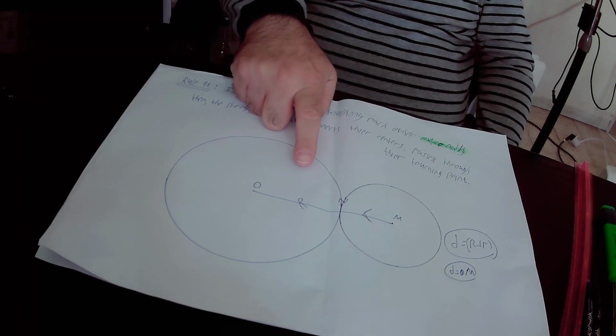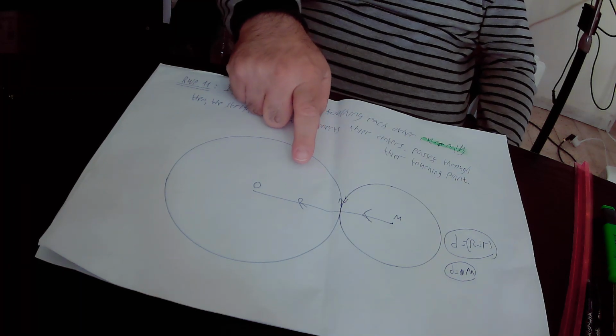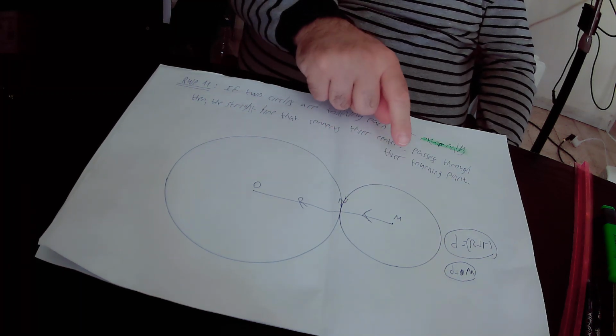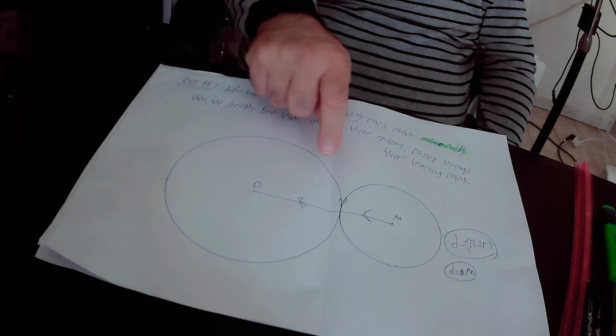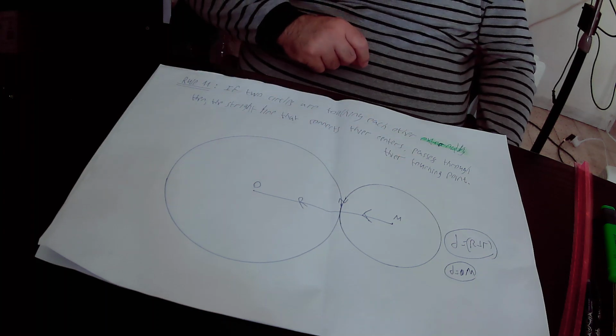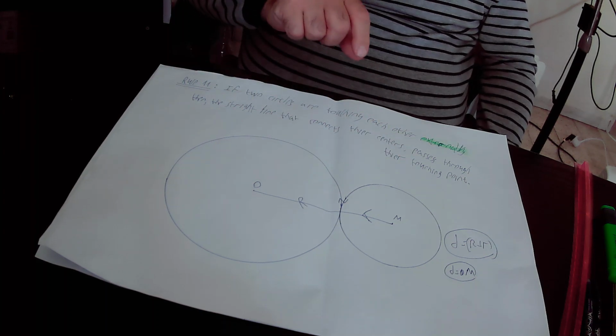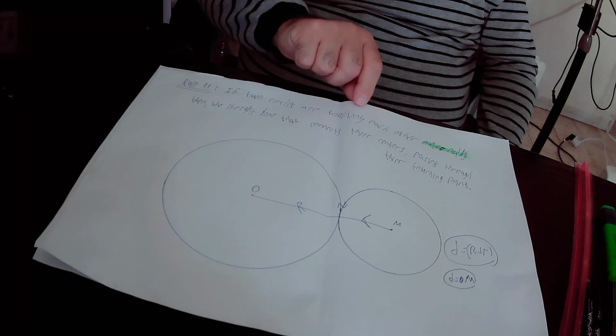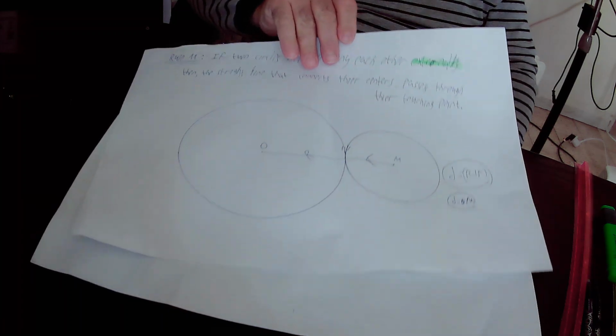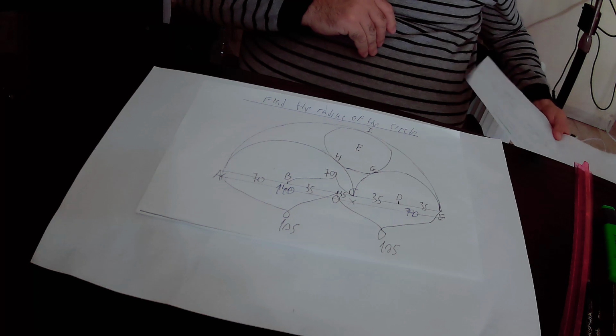That is to say, it is capital R plus small r. The distance D that is equal to OM equals capital R plus small r. So we can actually implement the two new rules in our drawing.